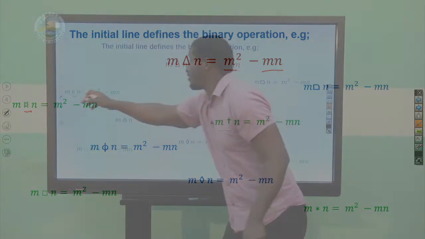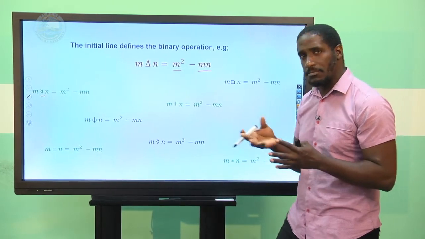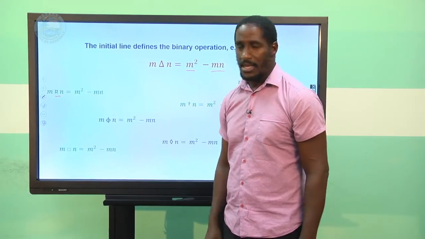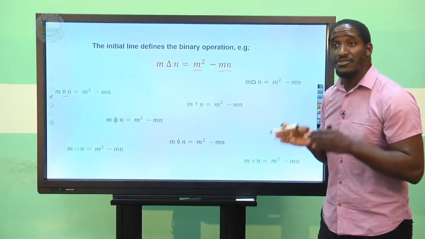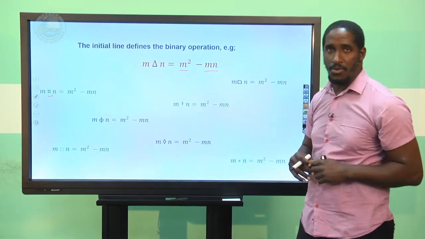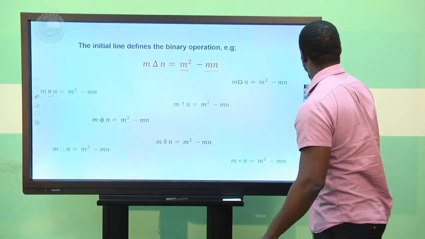As in algebra, we can utilize any symbol to represent a particular number, so here in binary operations as well, we can utilize any one of these symbols to represent a singular binary operation. What these symbols represent can differ.